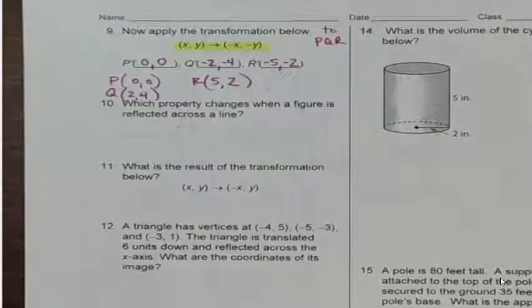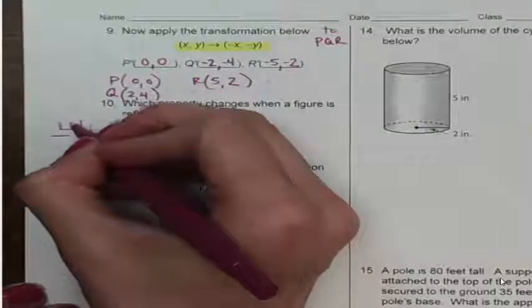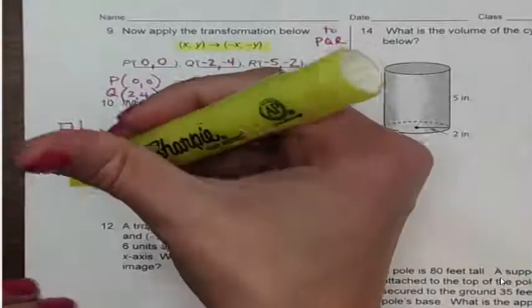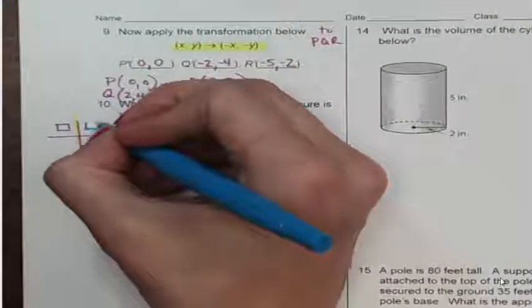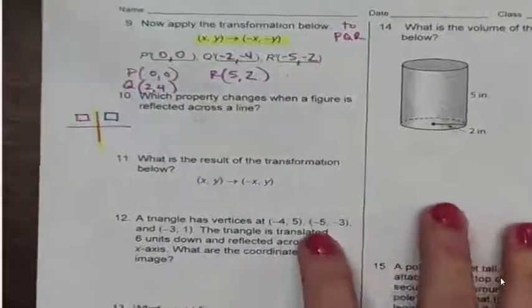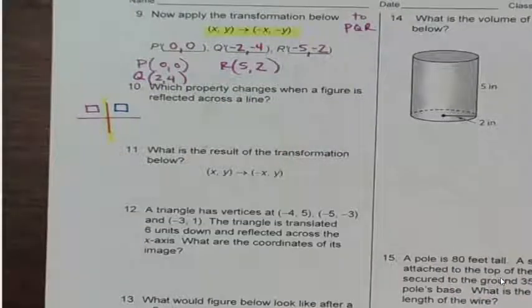It says, which property changes when a figure is reflected across a line? So let's say this is my figure and it's reflected across this line right here. We know it's going to be the new blue shape, which is right there. What property changes? Does the shape change?